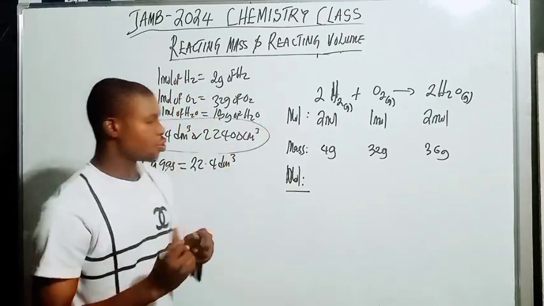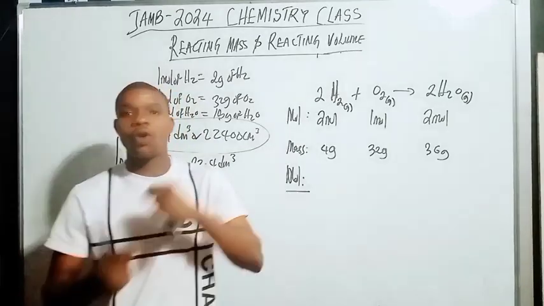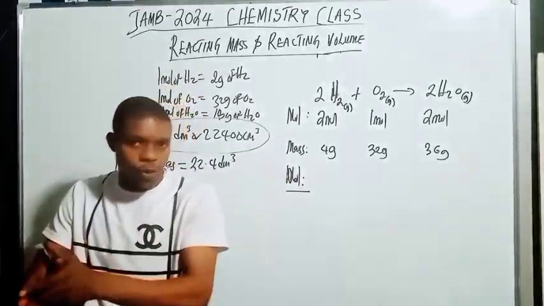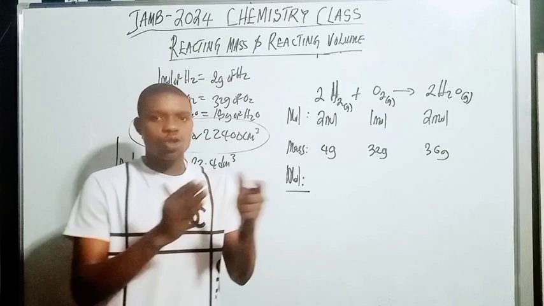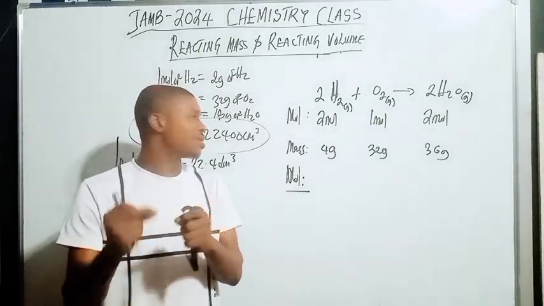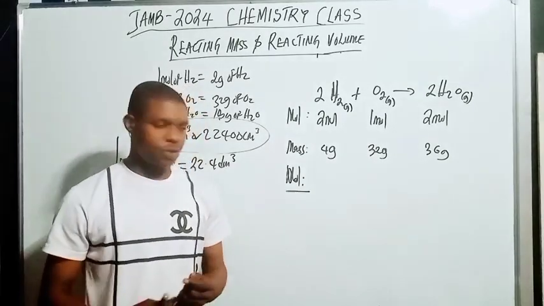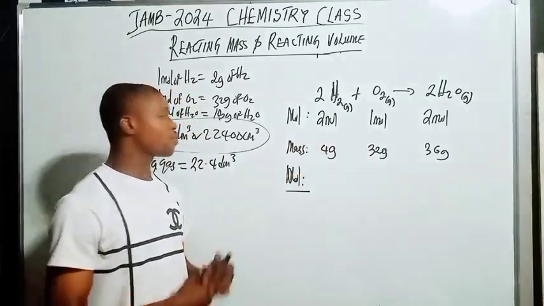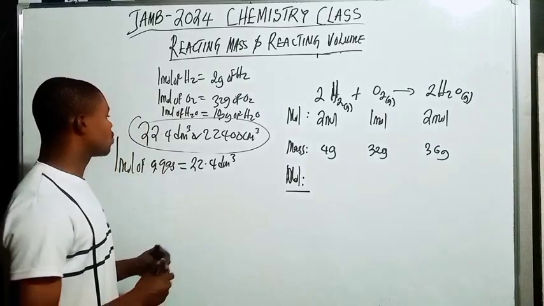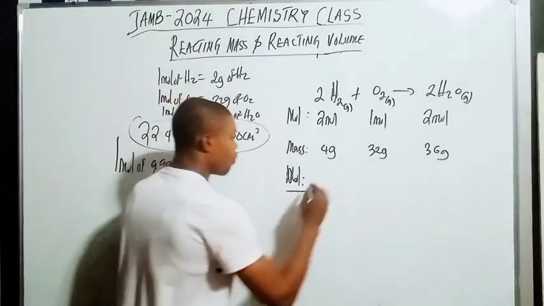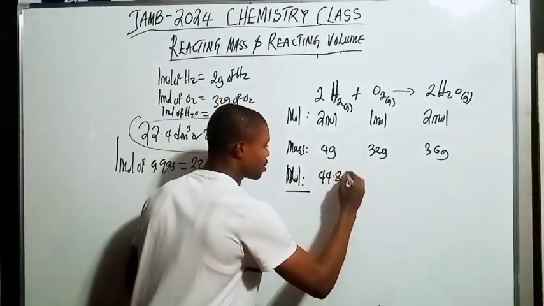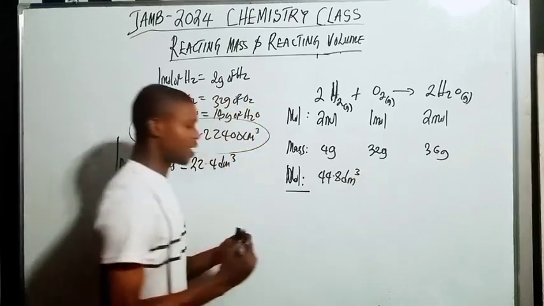So 1 mole of any gas is always equal to 22.4 dm cube of that gas, or 22400 cm cube of that gas. Do you understand? So how many moles do you have? Here we have 2 moles, right? So 2 times 22.4 dm cube. Here we have 44.8 dm cube. Do you understand?